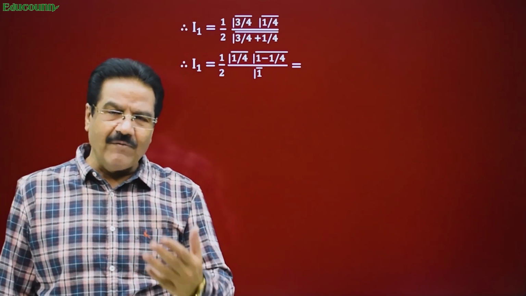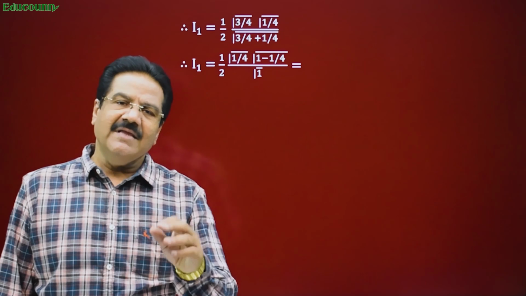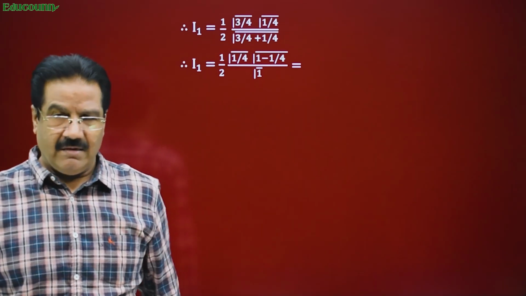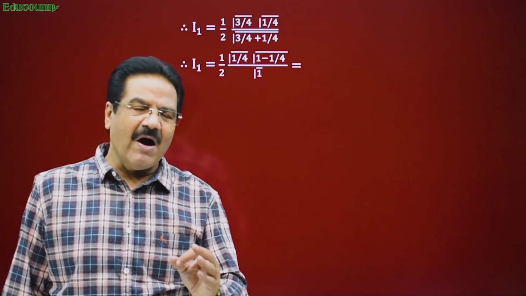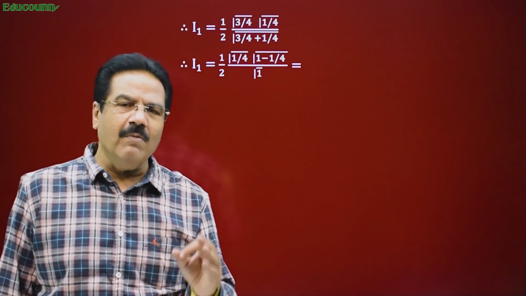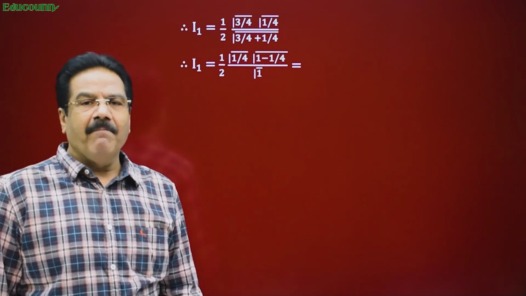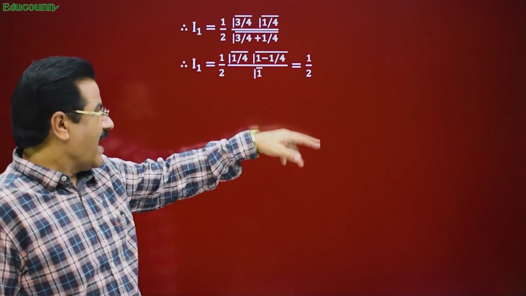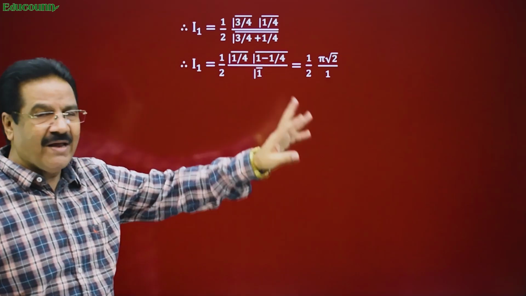We have already found the value of the numerator in example number 1, and we are going to use it directly by using the formula gamma p into gamma 1 minus p is equal to pi upon sine of p pi, and that value was pi root 2. So 1 by 2 as it is, the value of the numerator is pi root 2 and gamma 1 is 1.